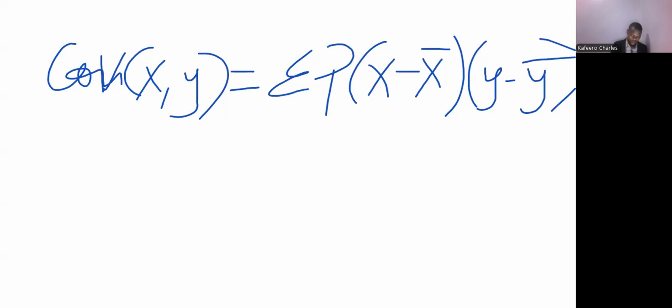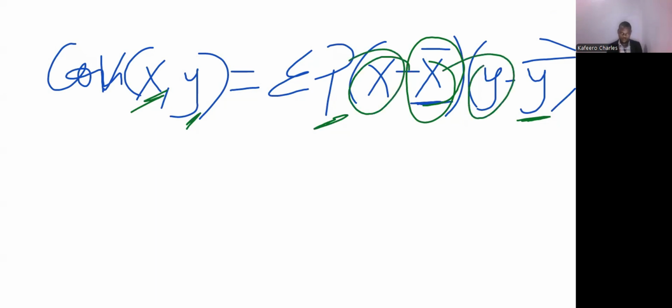We know that this is the expected return of asset X. This is the expected return of asset Y. So this is the probability P. Then this is the return of X, return of Y. So whichever way they have expressed it, that's how we explain it.